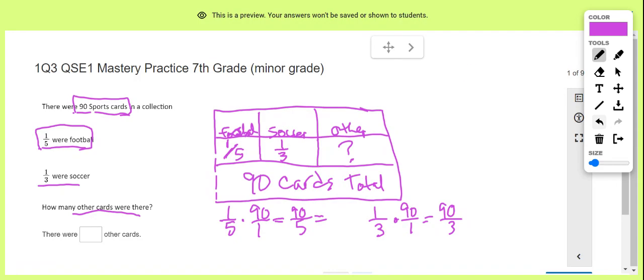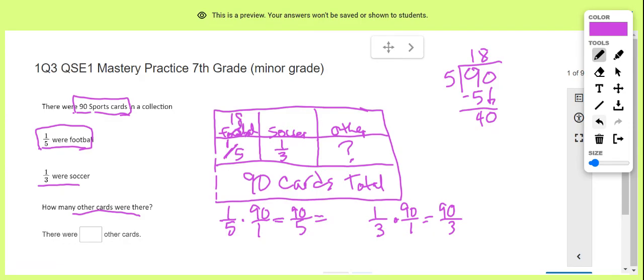And 90 divided by 5, we'll take the fractional part and turn it back into how many cards we're talking. So 5 goes into 9 one time, 1 times 5. 4 left over from the first digit. 5 goes into 40 8 times.